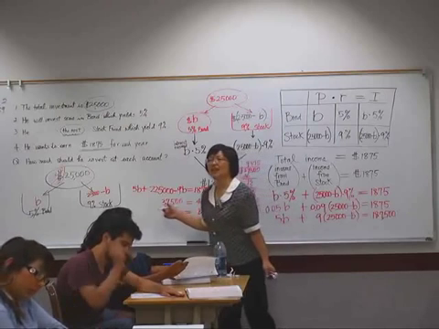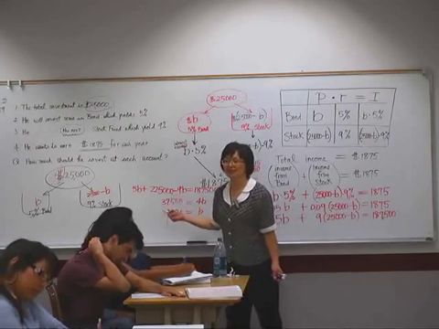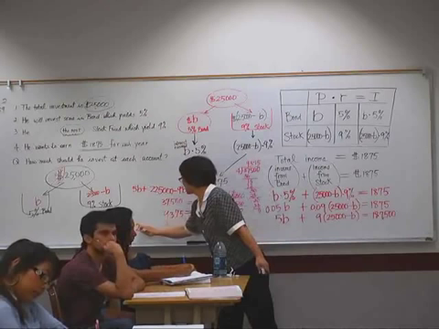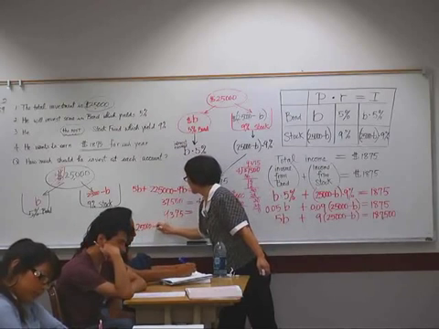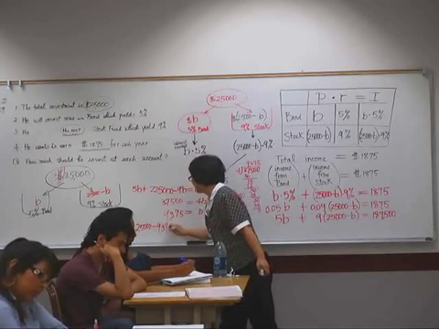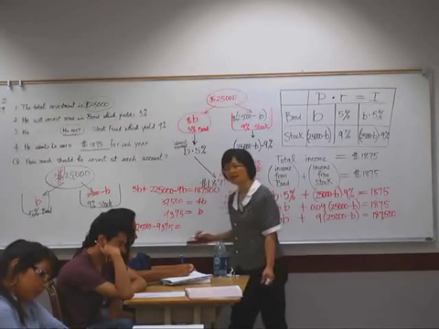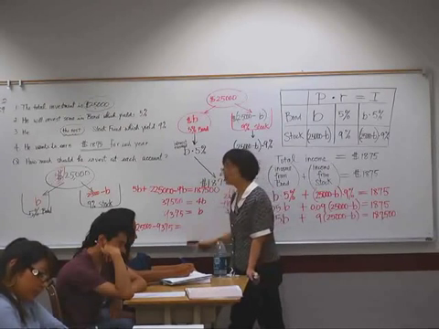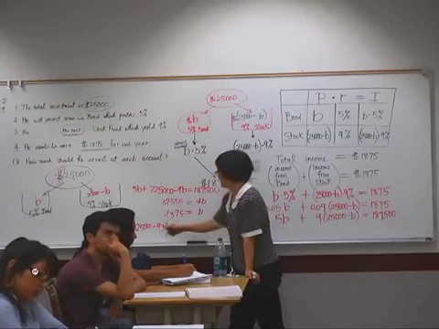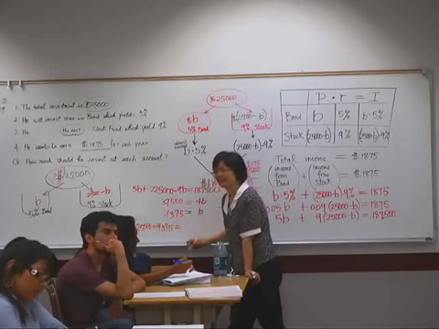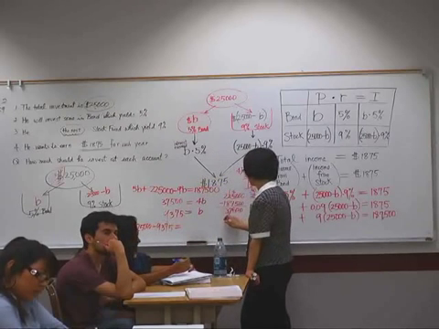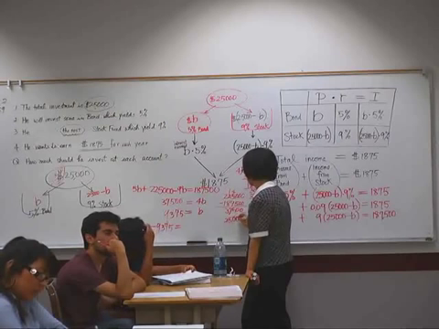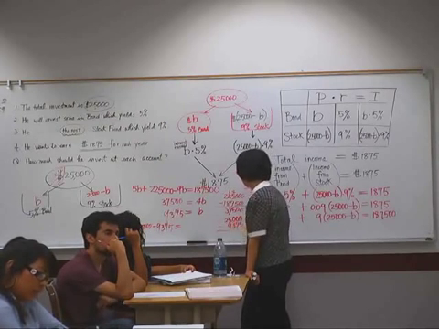How much do you invest at stocks? The rest. What is the rest? 25,000 subtract the bond fund. What would be the rest? Am I correct? So do it. What is that? Can you do this subtraction? 25,000 subtract $9,375.